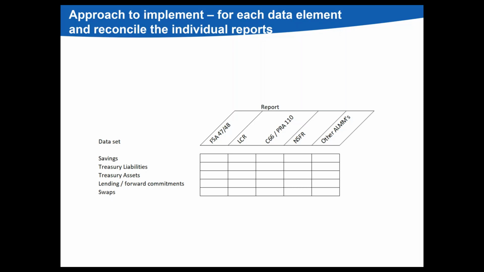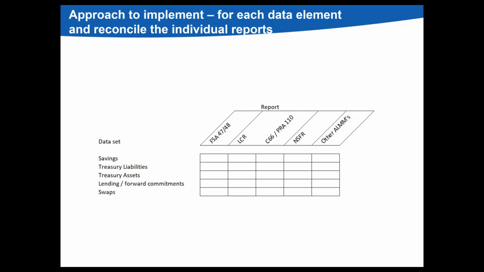So we start with the savings and deposits data and complete the reports, make sure it's all reconciled for that data set, then deal with your treasury data, maybe treasury liabilities potentially, and treasury assets, and maybe as a next type of data, lending data, to complete that part. So we tend to do the project implementation in three sections: deposit data, treasury data, and lending data.